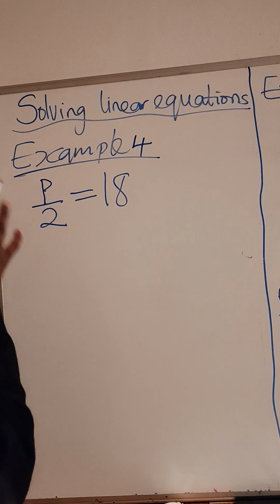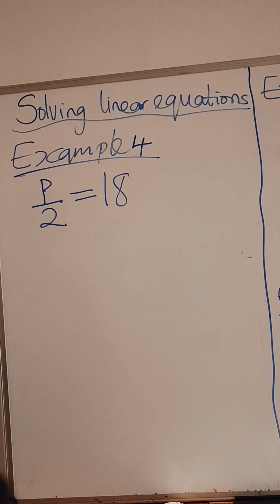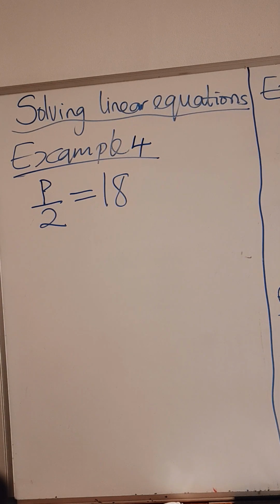We want to get the value for p in this linear equation. So we look at the relationship between p and this number 2. It is a divisible relationship. To counter division, we introduce multiplication. So we multiply both sides by 2.